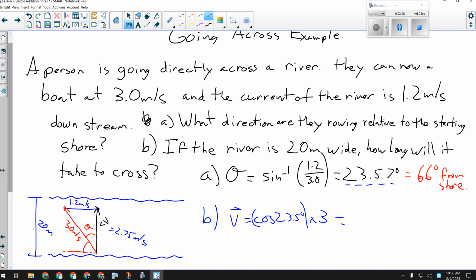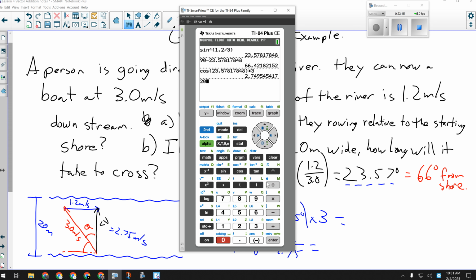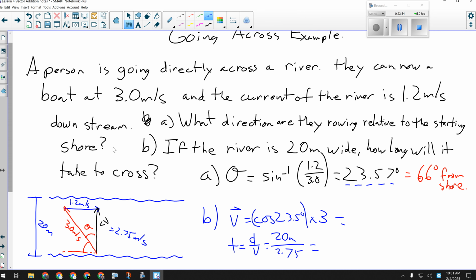Now it's just a V equals D over T question. I've got V, I've got D, all I have to do is find T. So T would equal D over V. 20 meters wide divided by 2.75 will give us our time. So it's going to take us 7.3 seconds to get across.